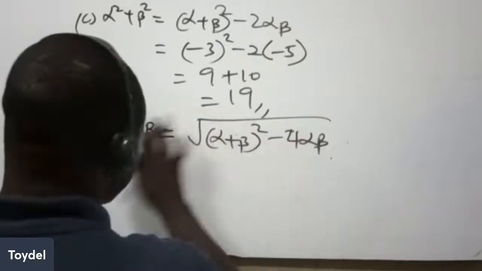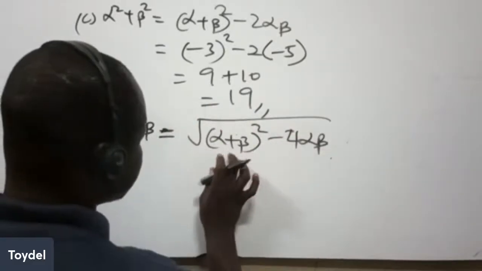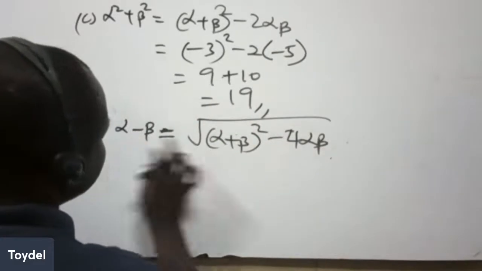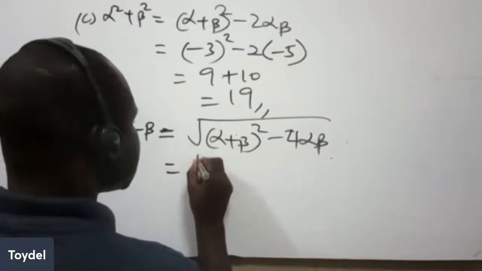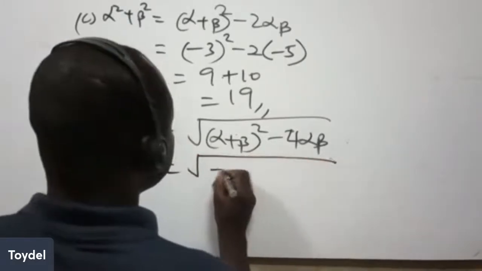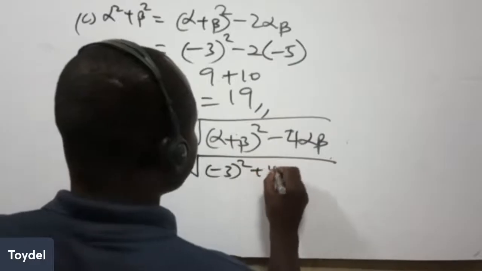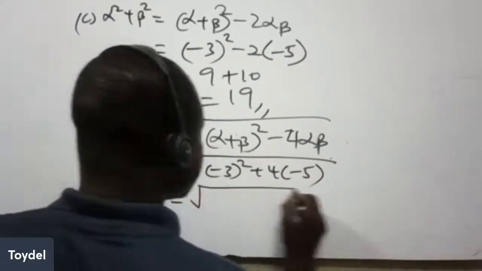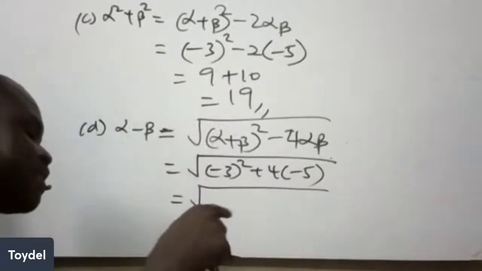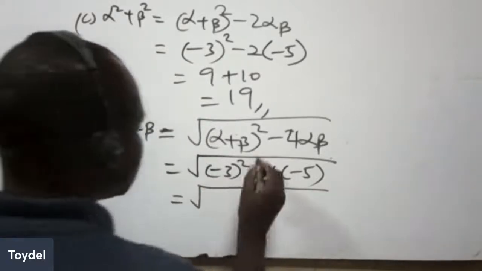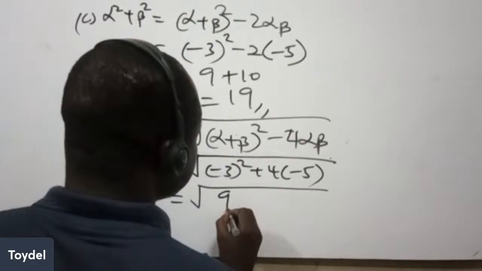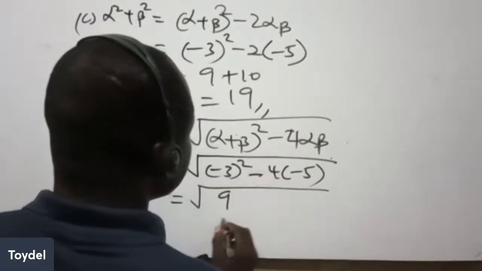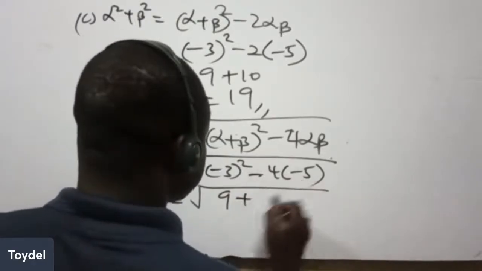You are going to get how I move from alpha minus beta to this value. So in this case now, this is going to give us minus 3 squared plus 4 into bracket minus 5. So whatever you want to do under this alpha beta stuff, you must be able to rewrite everything in form of sum and product. So this is going to give us 9. The minus times minus is plus. 4 times 5, 20.